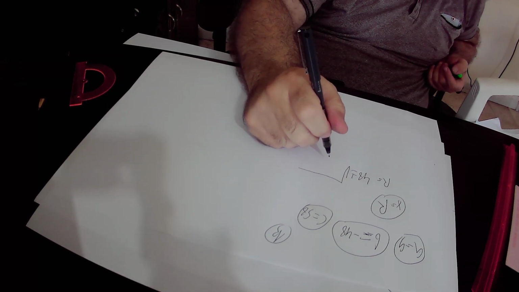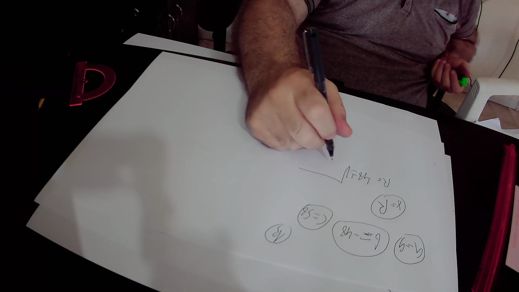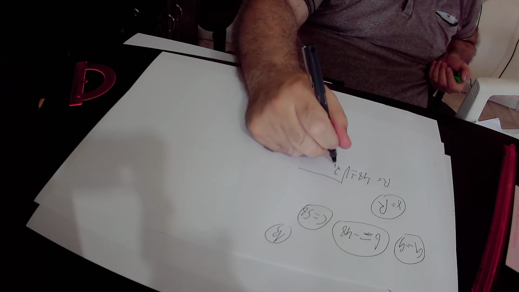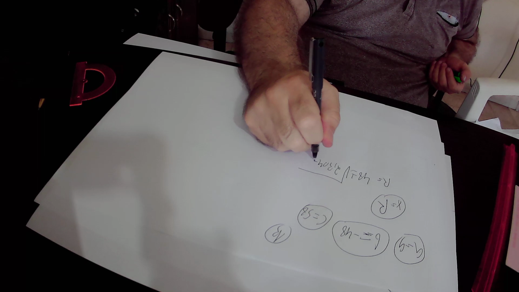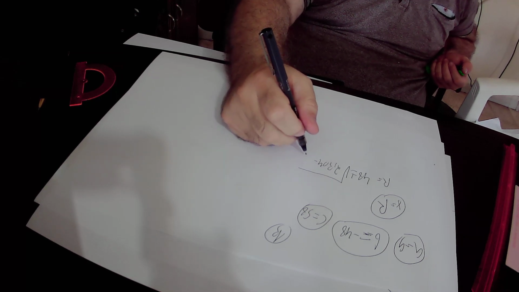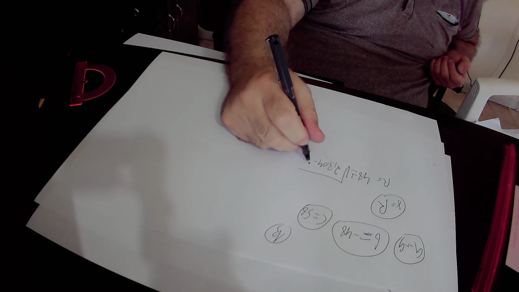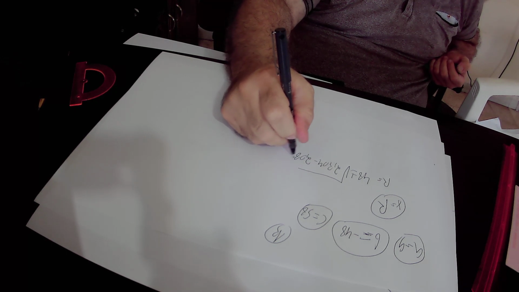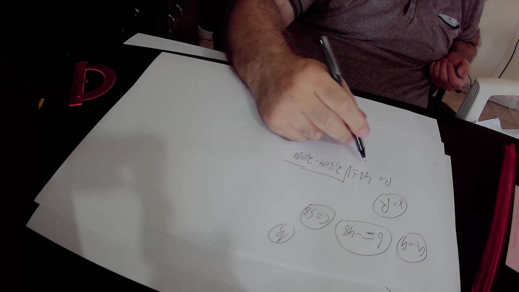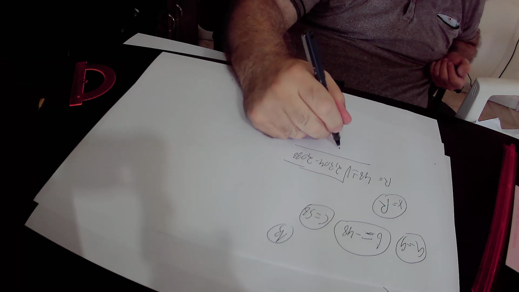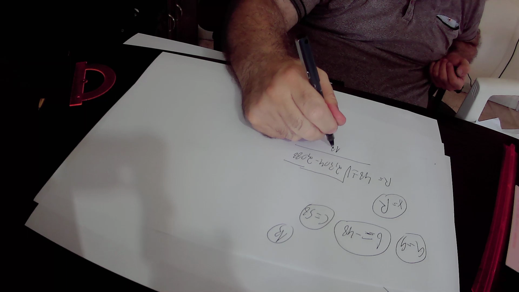So b squared is minus 48 squared, that is 2304, minus 4 times a, a is 9, so minus 4 times 9 is 36, minus 36 times 58 is 2088, over 2a. A is 9, so 2a is 18.